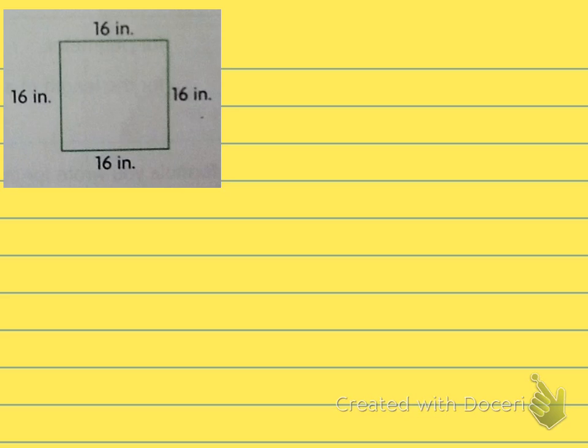Oh, here we have a square. We can change the formula a bit when we're working with a square because we know a square has 4 sides that are the same length. So if you know one of them, you just need to multiply by 4 to get the perimeter.